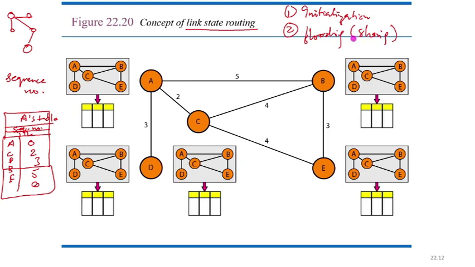In the distance vector routing protocol, sharing was done to the neighbors only. But in the link state routing protocol, flooding takes place. Once flooding takes place, D will be sharing its initial table with A, C is also sharing, B is also sharing, and E will be sharing, so it will reach A.